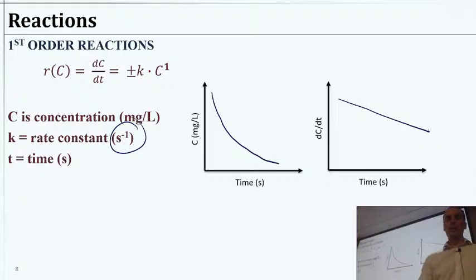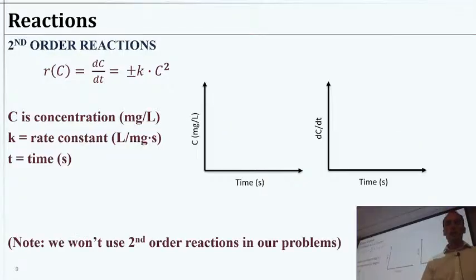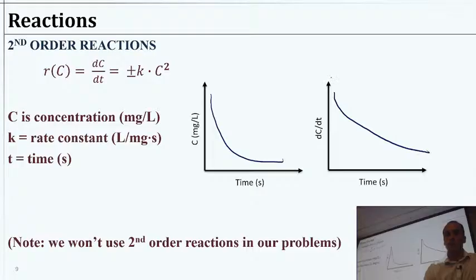Okay, so these reaction orders, explicitly because we defined them by this exponent, are essentially just derivatives of one another. Finally, even though we're not going to use them very often, the rate of change for a second order reaction, again for a decay, would look pretty sharp like this. That means the rate of change of our rate of change is going to be something like that. Okay, and in this case, the units would be liters per milligram per second.